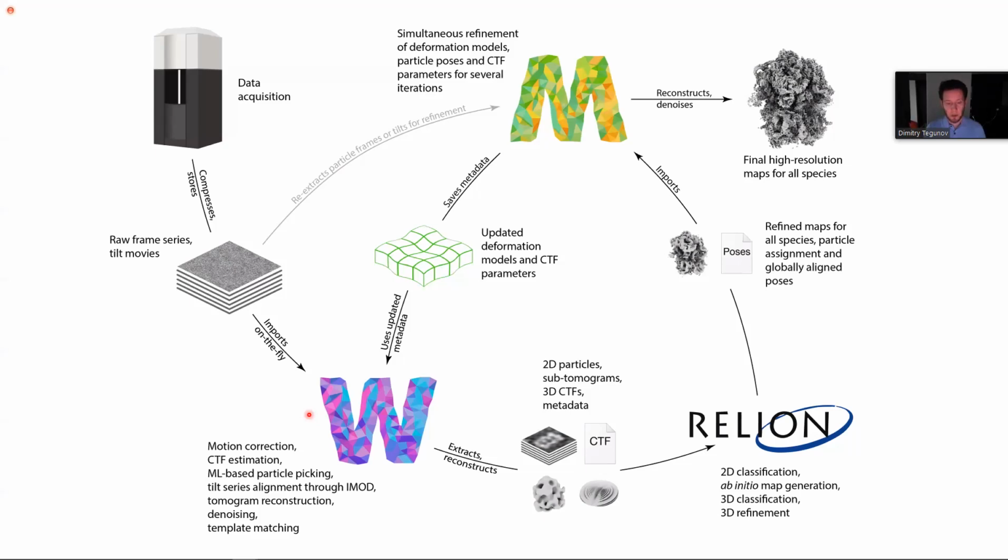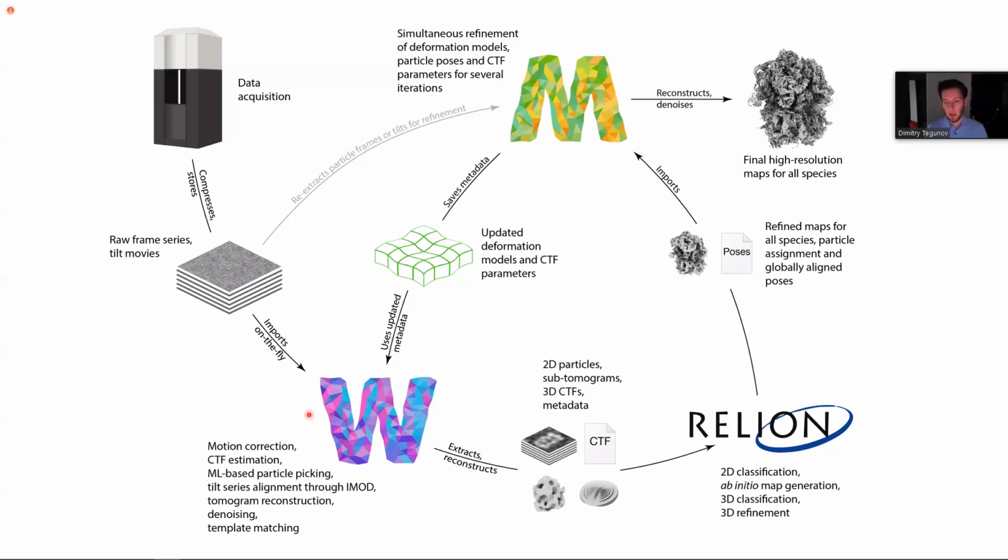And once Warp is done with all the pre-processing, once the movies and tilt series are aligned, CTFs are estimated, particles are picked, it exports the particle data and their metadata, such as CTF. Or in case of tilt series data, it exports subtomograms, which can then be processed in RELION, where you have a wide range of options, such as 2D classification, ab initio map generation, 3D classification, 3D refinement, and so on.